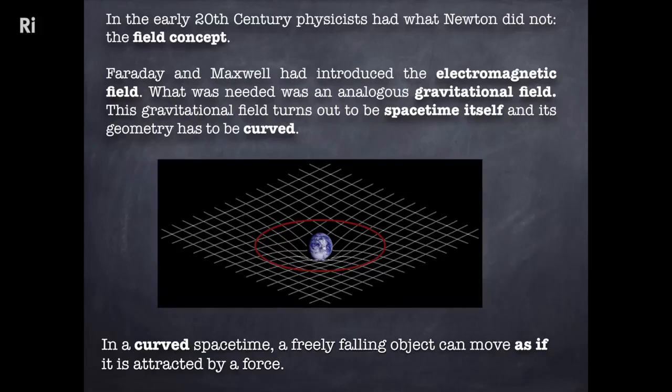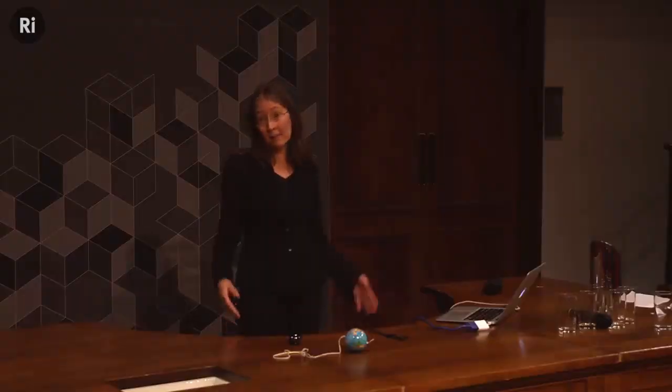Newton could not have understood that because Newton did not have what physicists in the early 20th century had, due to the work of Faraday and Maxwell, and it's particularly pleasing to mention Maxwell here in this particular place to which he is so closely associated.